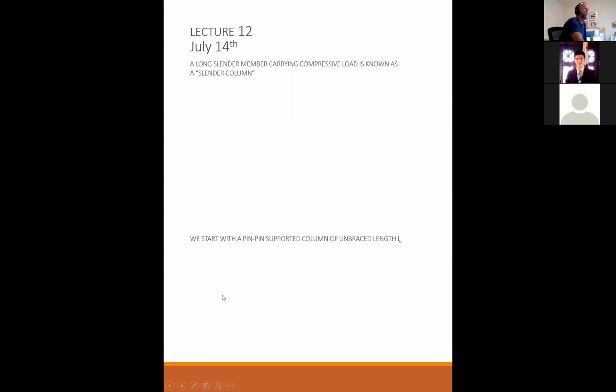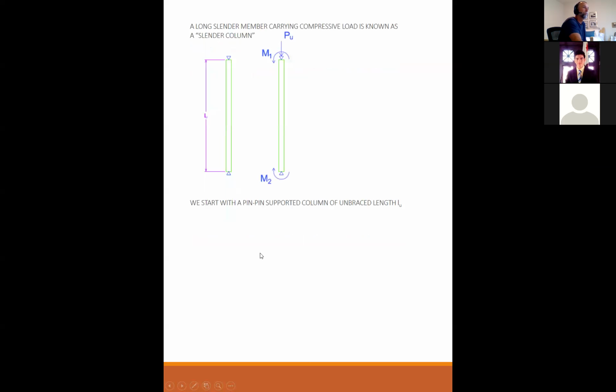We can start with a pin-pin supported column of an unbraced length L sub u, like so. So the unbraced length is from support to support, and the supports are pinned. They offer no flexural resistance. And we can have an applied moment like so, and an axial load.